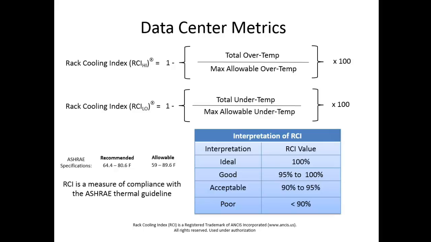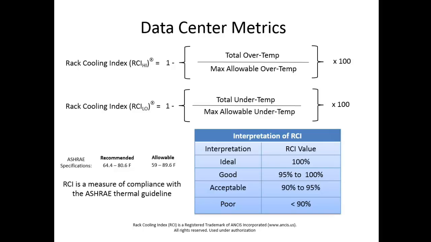And RCI high looks at how your racks overall are complying with that specification. The details of how it's done are less important than the fact that we have a metric here that looks at this and calculates it, I think, Magnus, you would agree. What you want to do is make sure you don't have any rack inlets that are over temperature, over that specification.